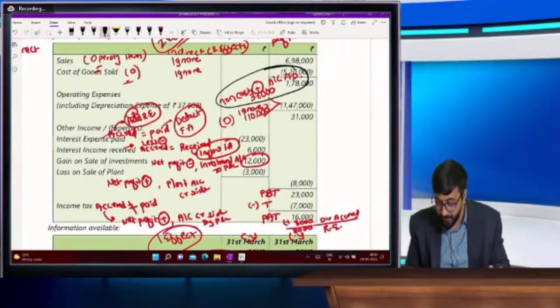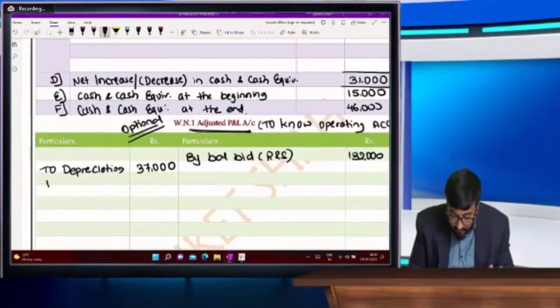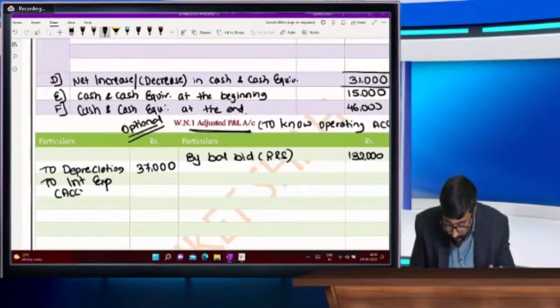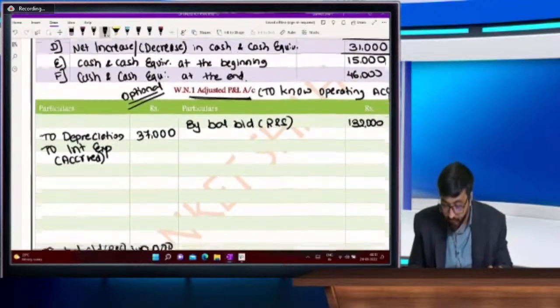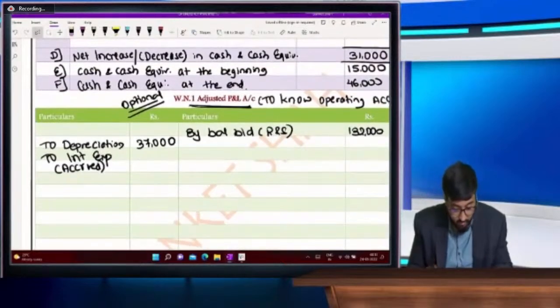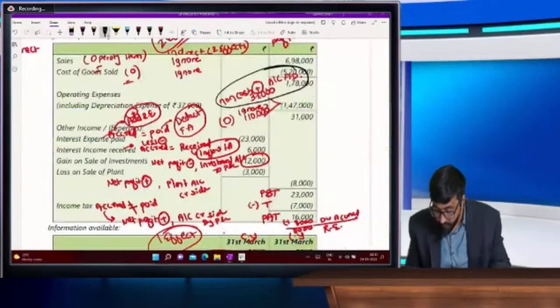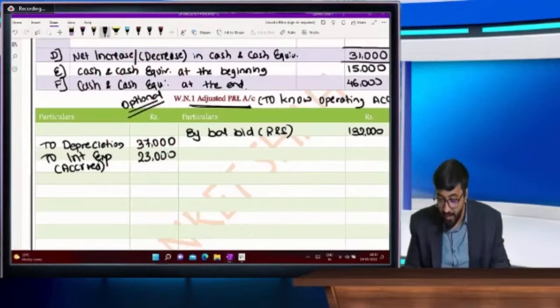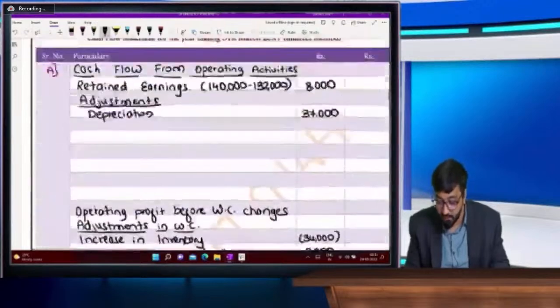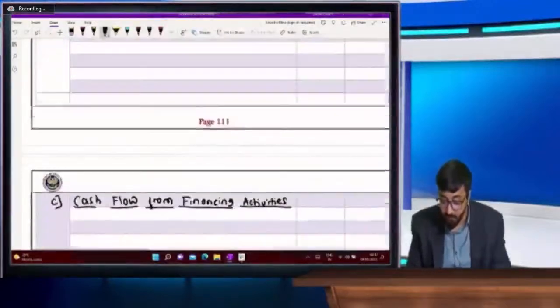Interest expense paid. Now interest expense, debit to interest expense. Now this is accrued. How much? 23,000. And where to give second effect? Second effect, financing activity.